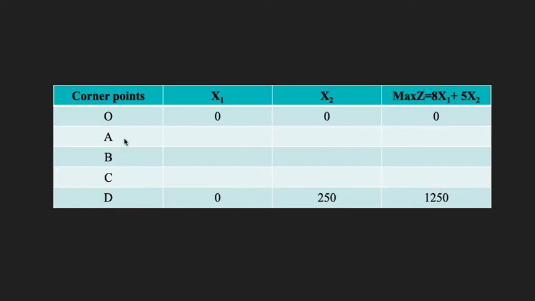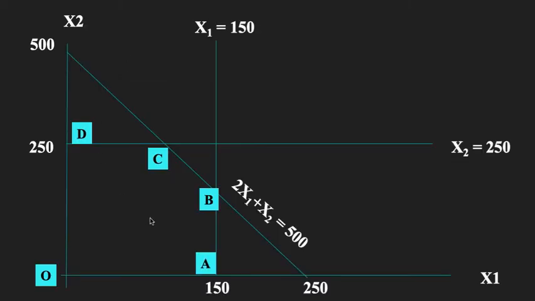Now we have to calculate for B, C and A. A also we know: x1 is 150 and x2 is 0.